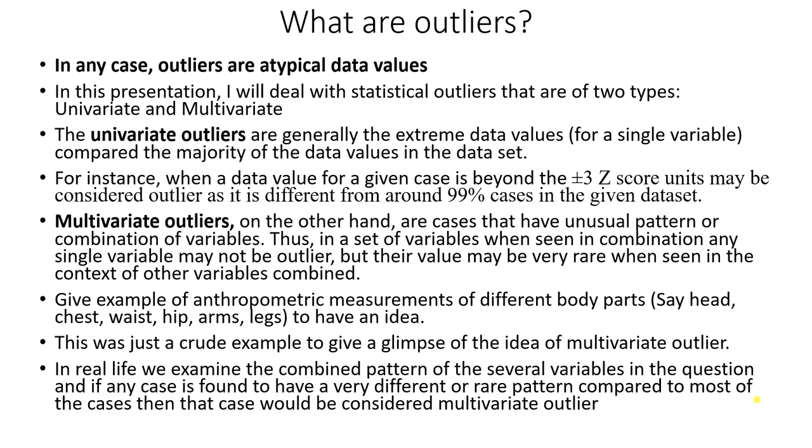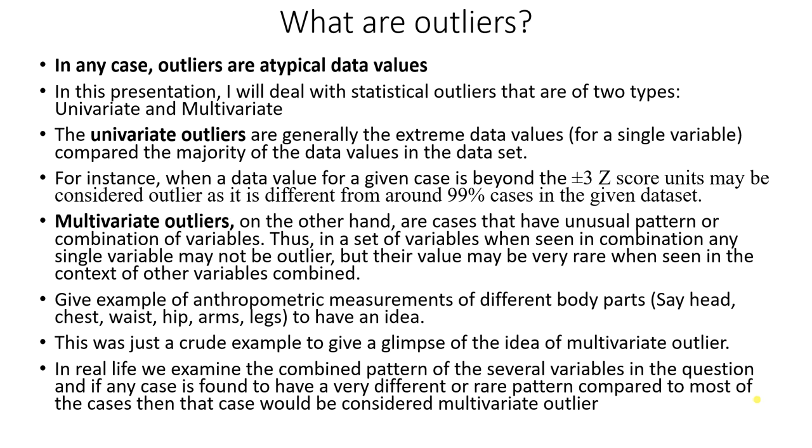For instance, if the data is normally distributed, around 99% of cases will be in the range of plus or minus 3 Z scores. And if any case has a standard score on a single variable greater than 3 or less than minus 3, then that case may be considered an extreme case and an outlier.